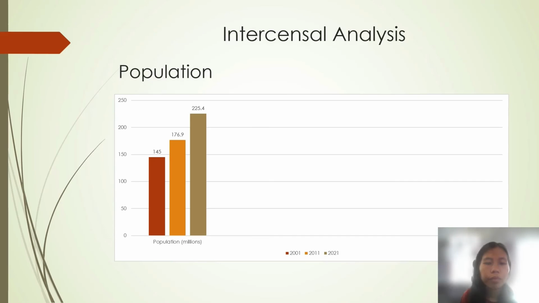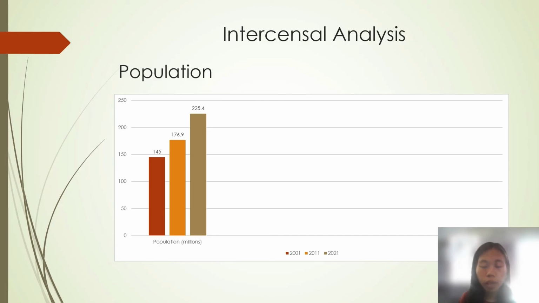The intercensal analysis. Now let us know the differences of each variable in the years 2001, 2011, and 2021. The first variable is population. As you can see in the figure, Pakistan's population from 2001 to 2011 up to 2021 increases.